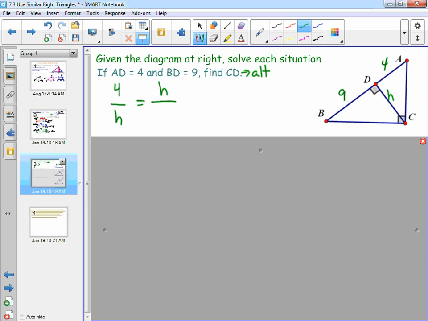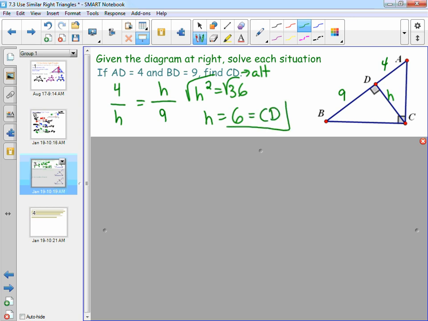It does not matter which order I put 4 and 9. So I could have 4 and 9 like I do, or I could switch those, because ultimately we are going to cross multiply and solve, and we find that h equals 6. Again, we are dealing with distances, so there is no negative value.